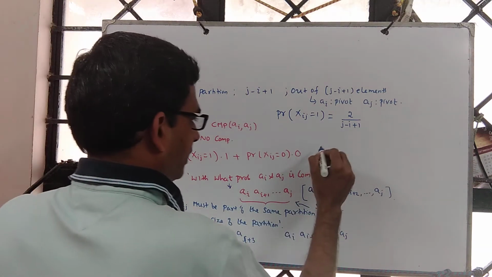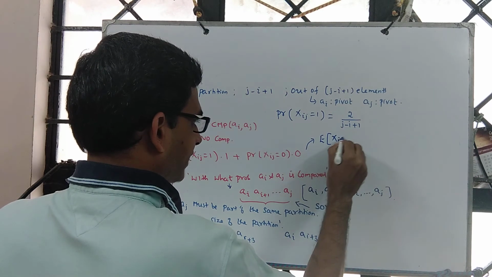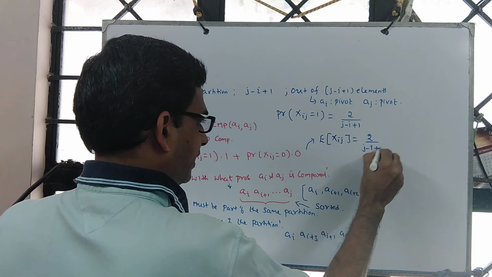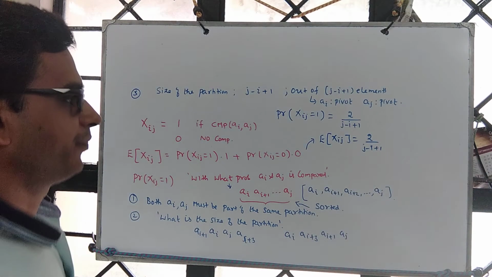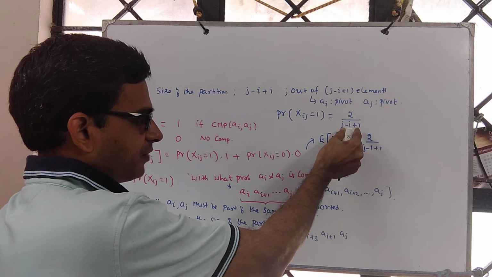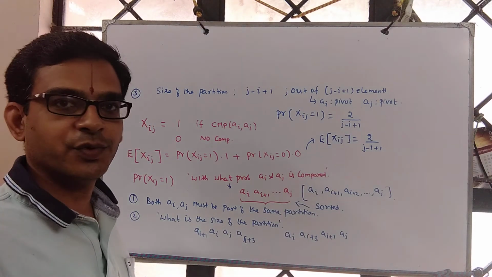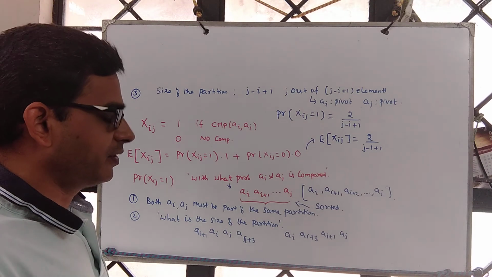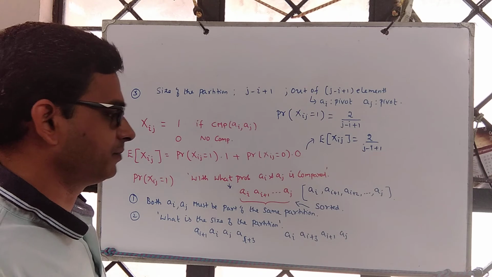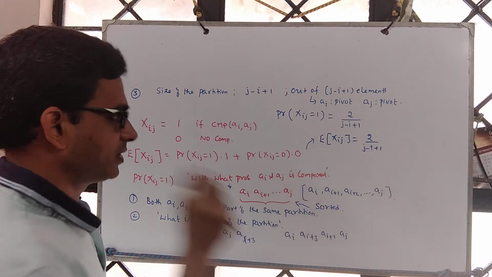Now what is the expected value? Expected value of Xij is 2 divided by j minus i plus 1. This also tells you that if the partition size is small, then the probability is more. If the partition size is really large, the probability is less. And we are able to estimate because of this argument.